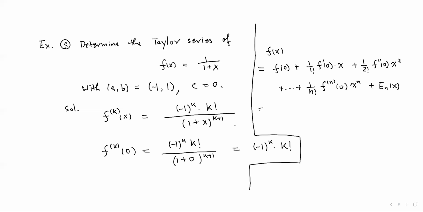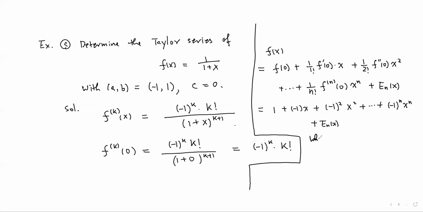Then plug this result into the derivatives. Then I get 1 plus (negative 1) times x plus (negative 1) squared x squared, plus ... (negative 1) to the n x to the n, then plus error term.